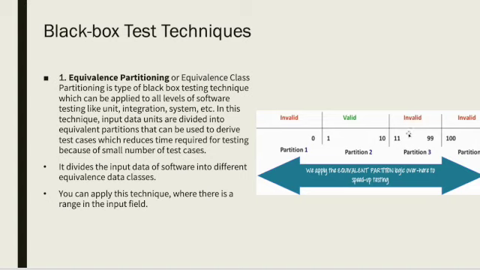You are saying that test cases from 1 to 10 will be considered valid, they will pass. But when they fall between 11 and 99, they'll be considered as what? Invalid. And if they fall above 99, they will still be invalid.